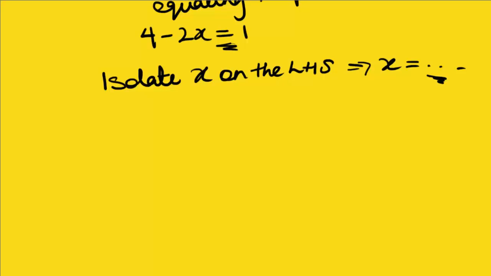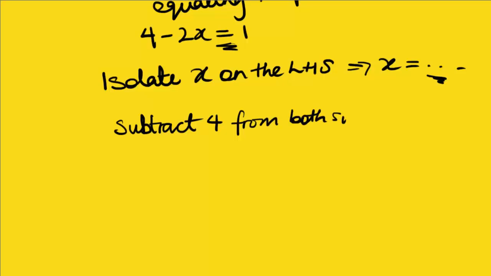I'll subtract 4 from both sides. So 4 minus 2x minus 4 equals 1 minus 4.